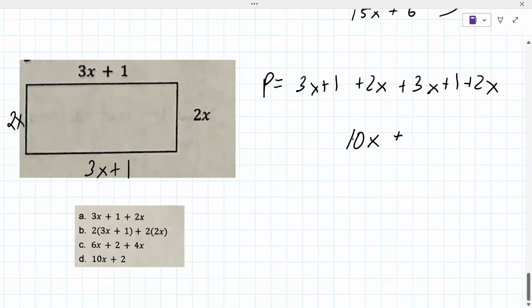Where does the 3 come from? Wait a minute. Oh, it should be plus 2. So yeah, it's definitely D.